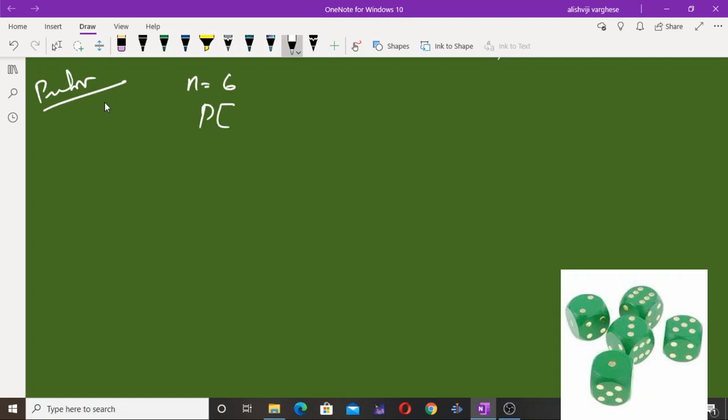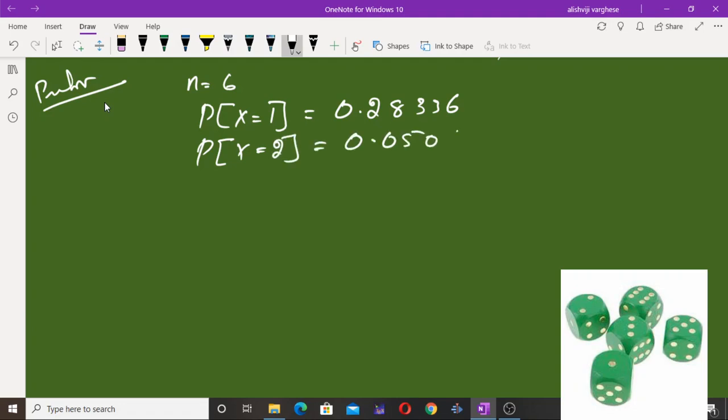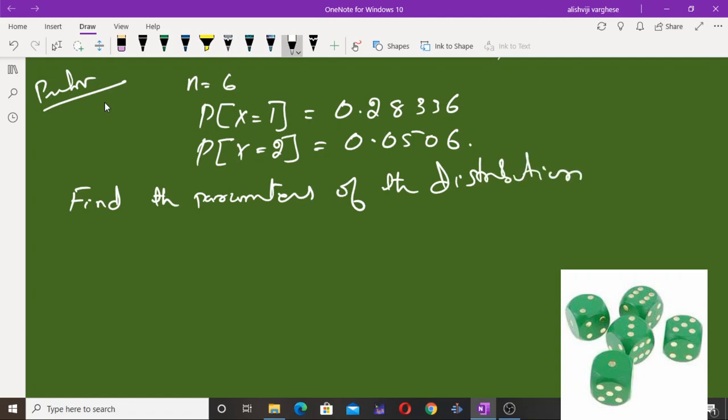Probability of 1 success is equal to 0.28336, and probability of 2 successes is 0.0506. So these are given, and what you have to calculate are the parameters of the distribution. That is, we are looking for the values of n and p. These are the parameters of a binomial distribution.